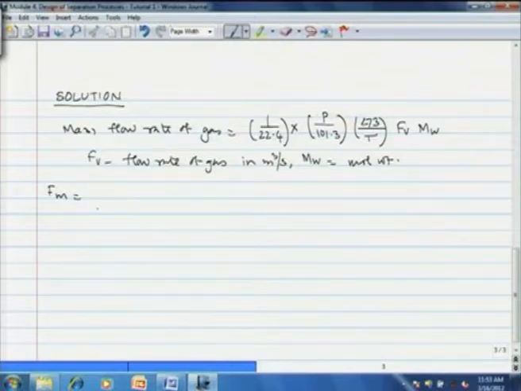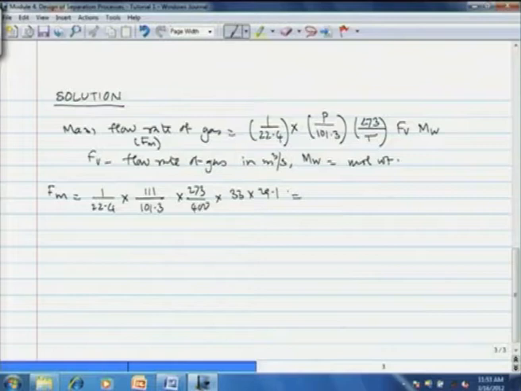The mass flow rate of the gas, that we denote by FM. FM is equal to 1 by 22.4 into 111 by 101.3 into 273 by 400 into 33 into 29.1, and this turns out to be 32.06 kgs per second.